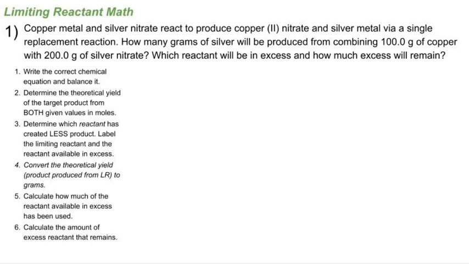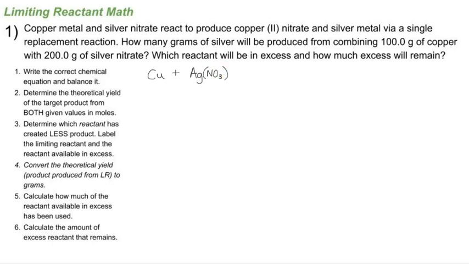Copper metal and silver nitrate react to produce copper 2 nitrate and silver metal via a single replacement reaction. So the first thing I'm going to do is write out the reaction. Copper metal, so that would just be Cu, and silver nitrate, AgNO3, because I know both of those have a charge of 1.